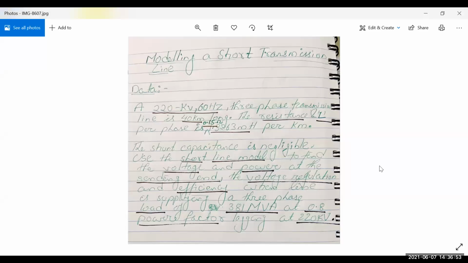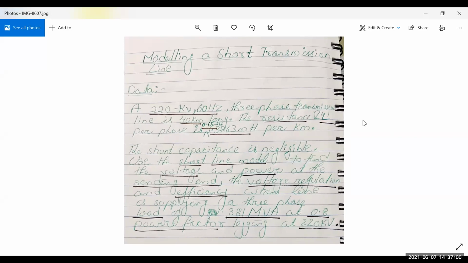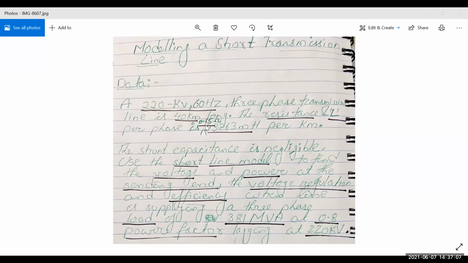So I'm sharing one numerical with you. Hopefully sir has taught you. Is it visible? Yes, sir. See, this data has been given. I would be asking you all to solve it.